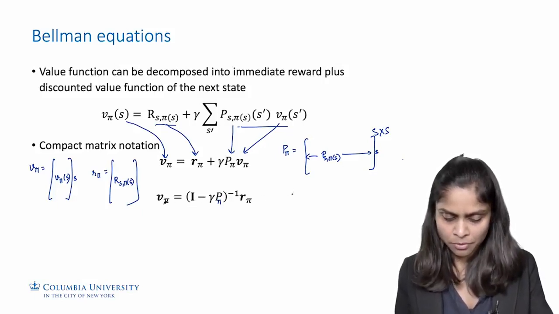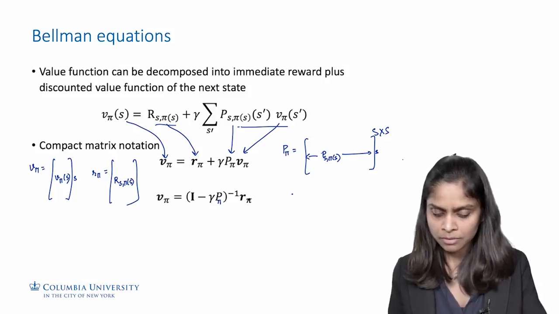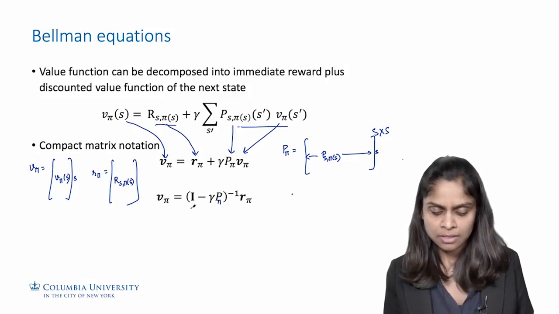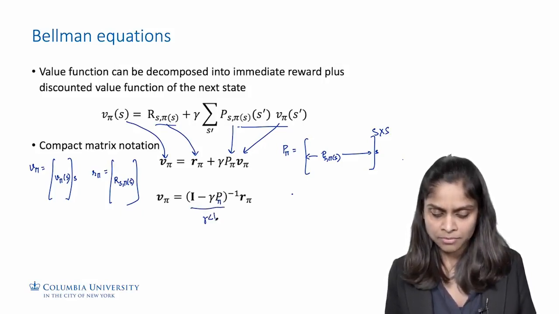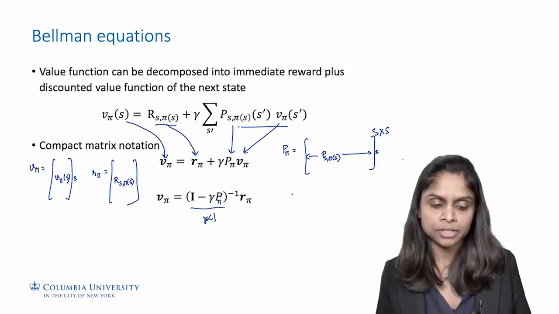So the value function for any policy pi can be evaluated by inverting the matrix I minus gamma P pi and then multiplying it with the vector R pi. In fact, this matrix here is invertible if gamma is less than 1, and therefore it gives us a formula for finding the value vector.